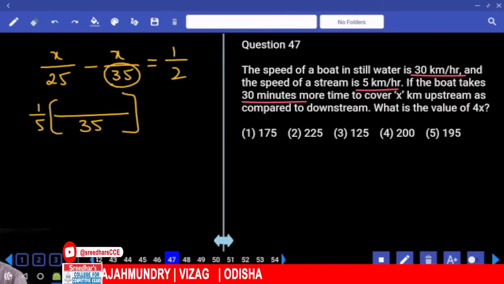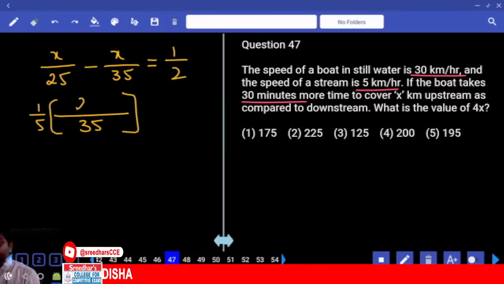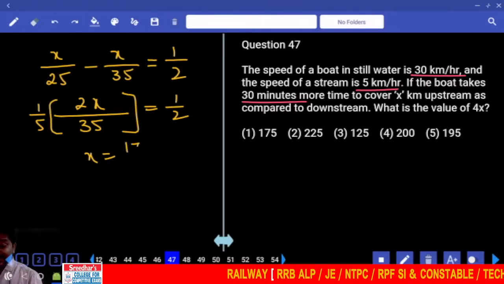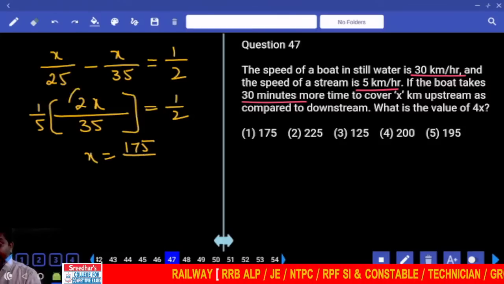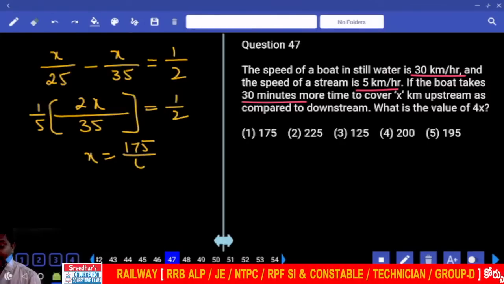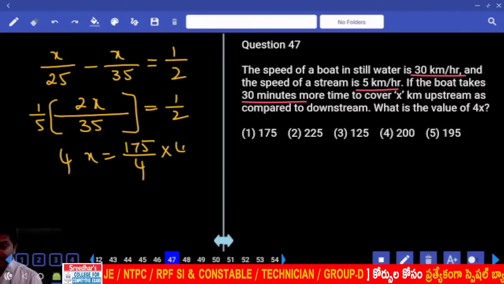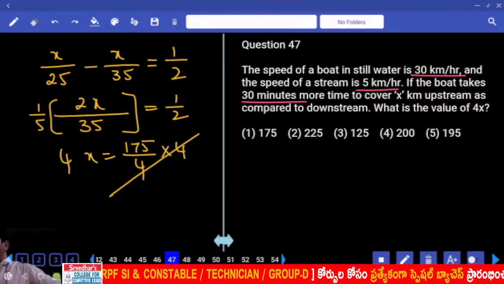How many times? 5 times. 7x minus 5x, 2x is equal to 1 by 2. Then x is equal to 5 times of 35, 175 divided by 2 goes to right hand side denominator. Now the question is about 4x into 4. Cancel 175.